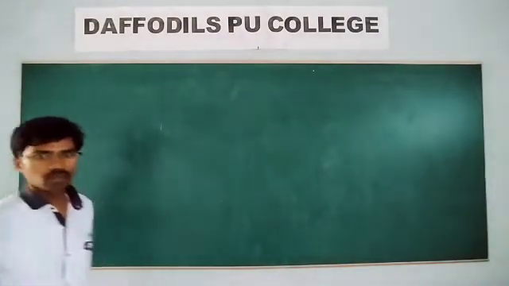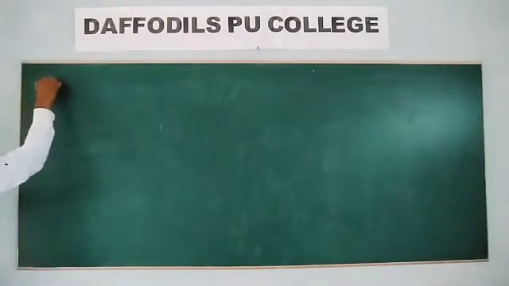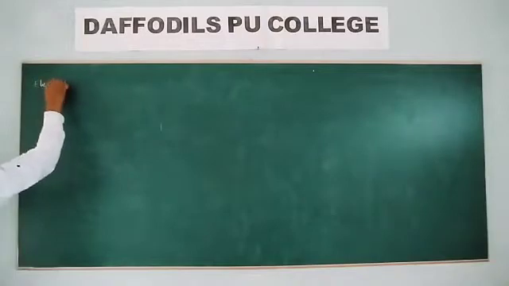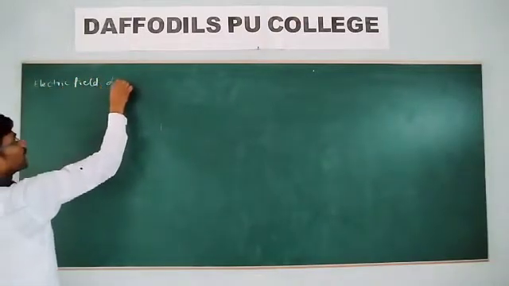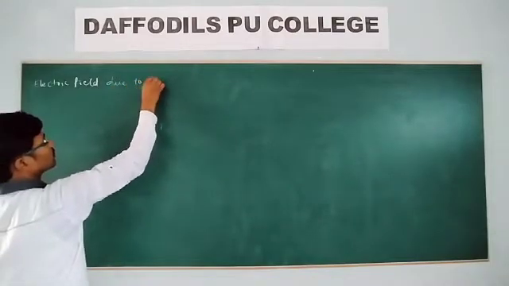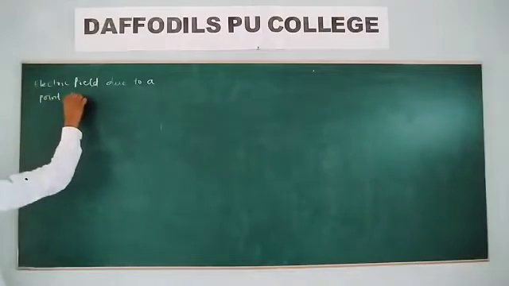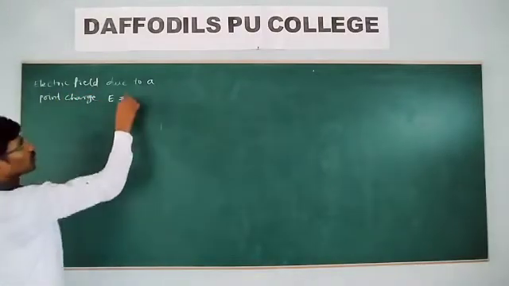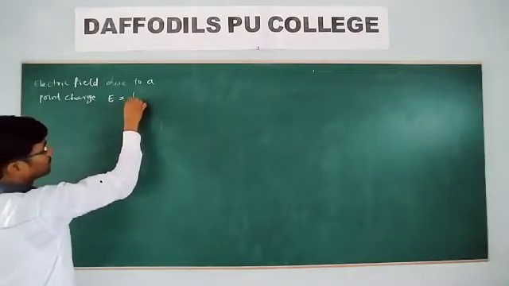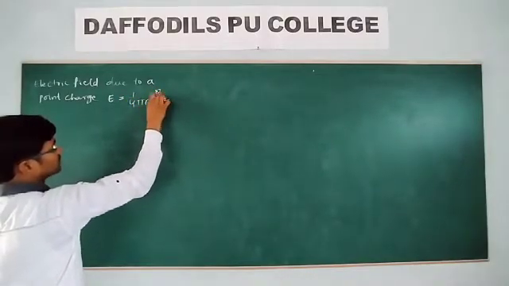Let me write here what will be the electric field due to a point charge. E is equal to 1 by 4 pi epsilon naught Q by R squared.